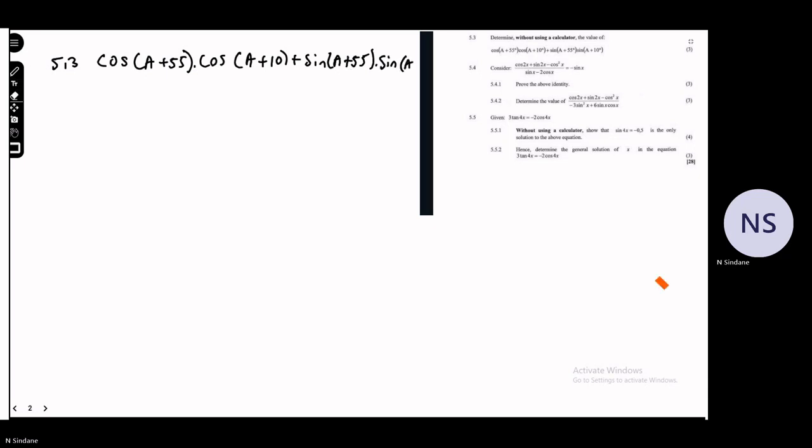Okay, I don't have space. Let me try to squeeze it in here. So remember, this is 5.3.